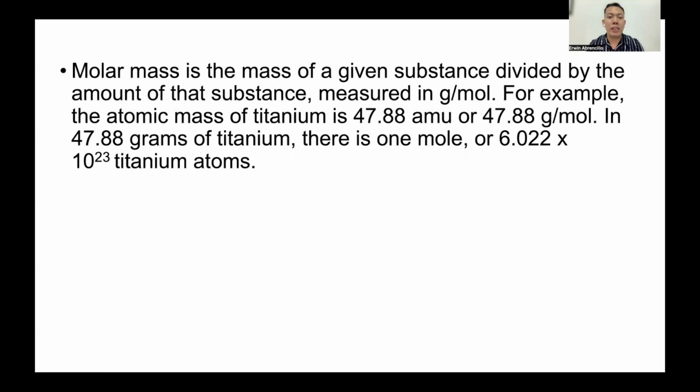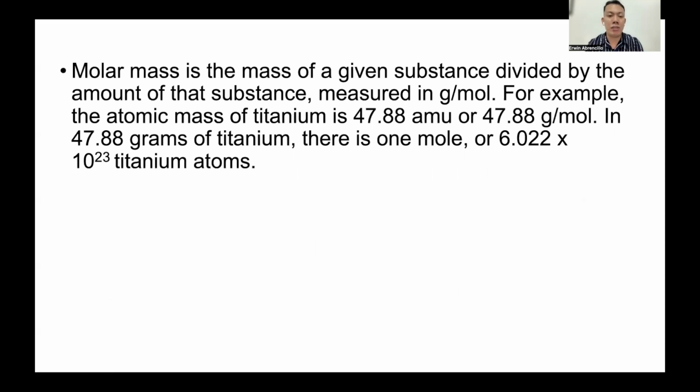So the molar mass is the mass of a given substance divided by the amount of that substance, measured in gram per mole. For example, the atomic mass of titanium is 47.88 AMU or 47.88 gram per mole. So in 47.88 grams of titanium, there is 1 mole, or 6.022 times 10 to the 23rd titanium atoms.